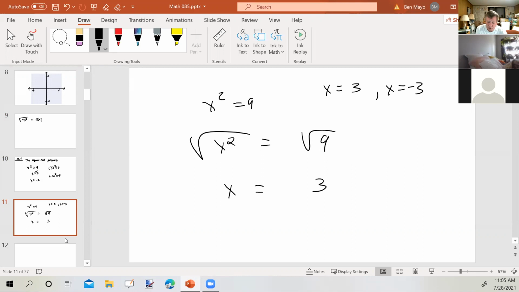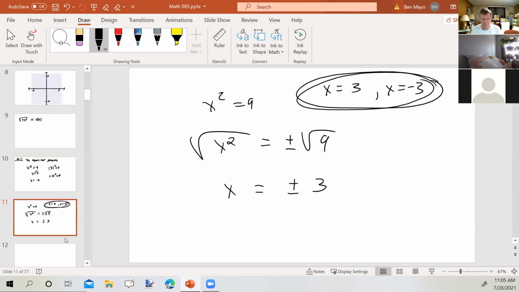However, we just concluded earlier that there were 2 solutions. So the way we cover this is when we take the square root of both sides, outside of the radical on the right side, we put a plus or minus. So x equals plus or minus 3. That's the notation that mathematicians use, and you'd say x equals plus or minus 3, which refers to these 2 solutions.